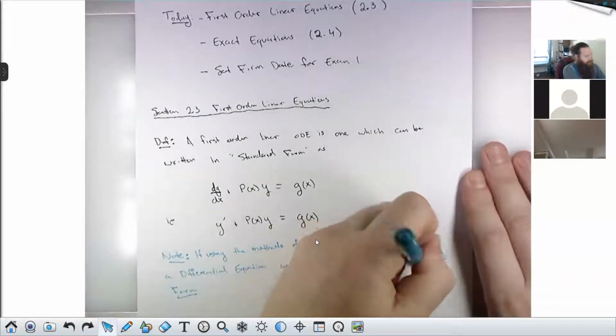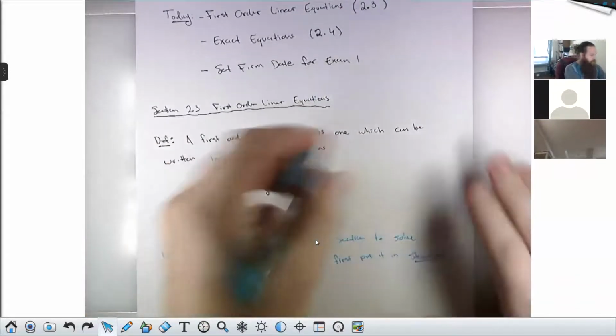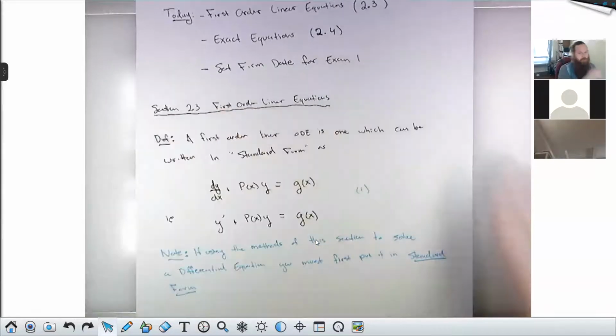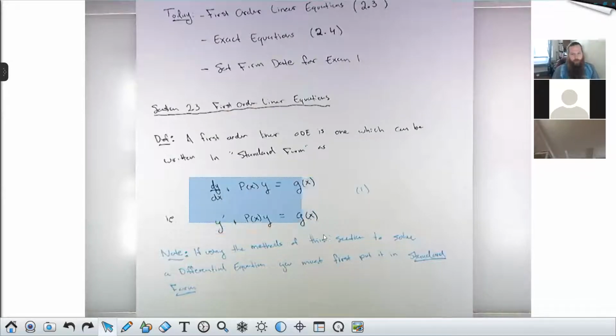The vocabulary here in differential equations is unfortunate. We've called a few things standard forms, normal forms, differential forms. We've got all these different names for ways of writing what are essentially the same thing. But here, when we're talking about first order linear equations, this is what we mean by standard form. So in order to apply the methods of this section, the whole integrating factor thing, you need to first rewrite your equation like this. In other words, you need to make the coefficient of y prime equal to 1.